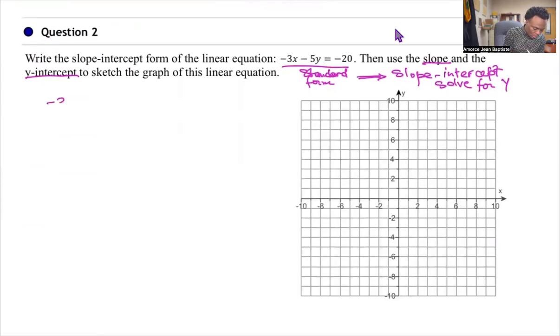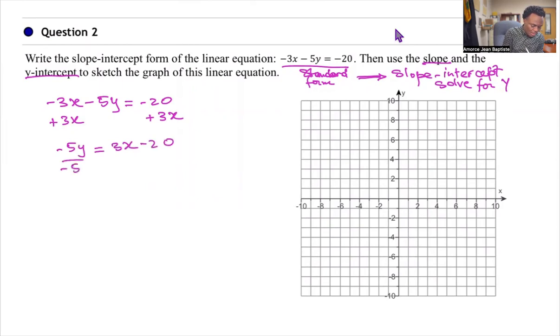So negative 3x minus 5y equals negative 20. Let's add 3x. Negative 5y equals 3x minus 20.